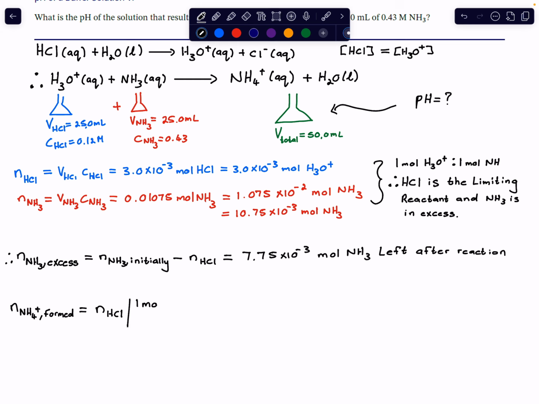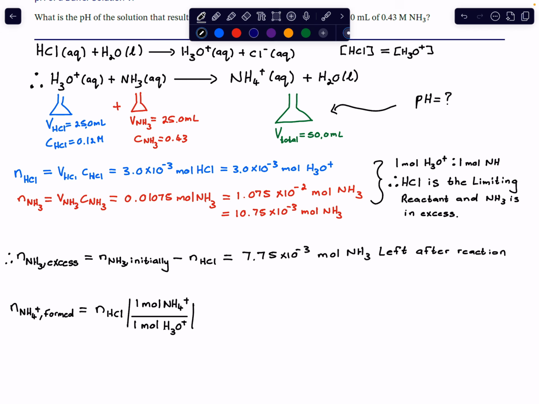There's 1 mole of NH4 plus for every 1 mole of HCl, in other words, for every 1 mole of H3O plus that reacts.